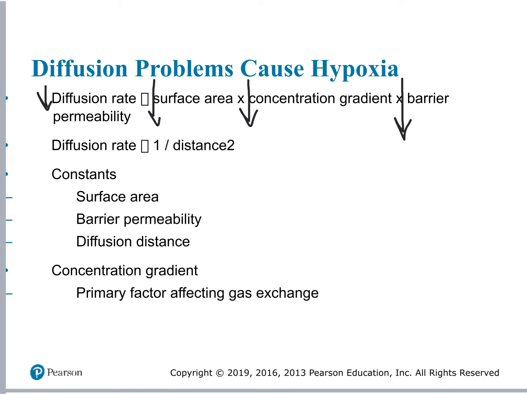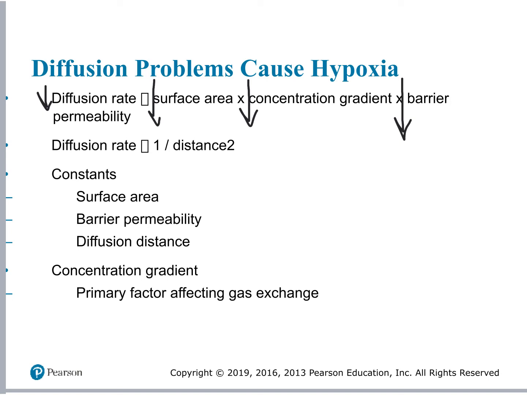And we're going to apply the same principle to the gas exchange between the alveolus and the pulmonary capillary. So if anything decreases the surface area of the alveolus, then it's going to decrease the diffusion rate of oxygen and carbon dioxide across the respiratory membrane.